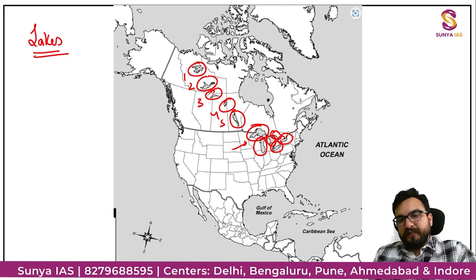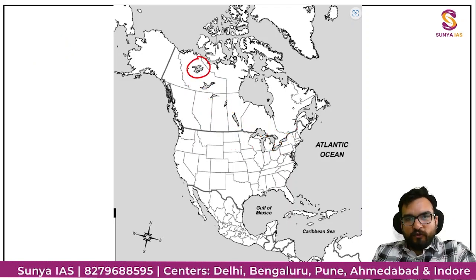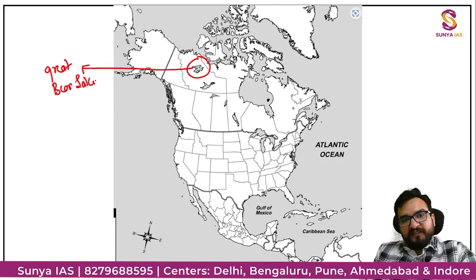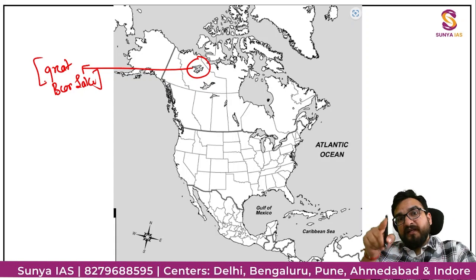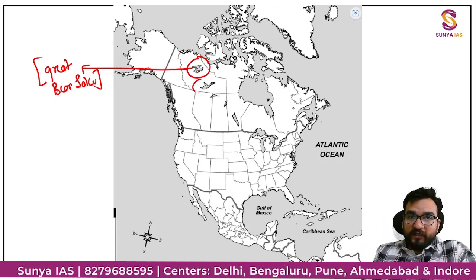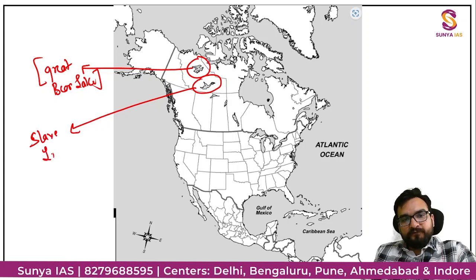We will understand it. So this particular lake which you will see in Canada is your Great Bear Lake. Just the reference, Great Bear Lake is related to here. Victoria Lake कहाँ से है? Victoria Lake वो भी हम आगे पढ़ेंगे, right? Over here you will understand about this particular lake, that is Great Slave Lake.